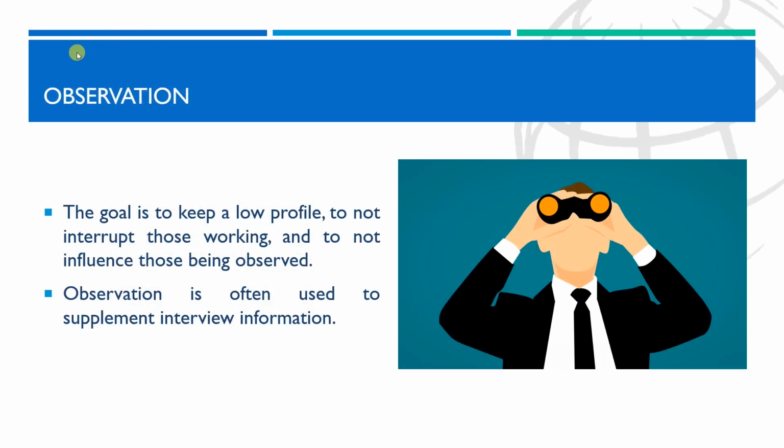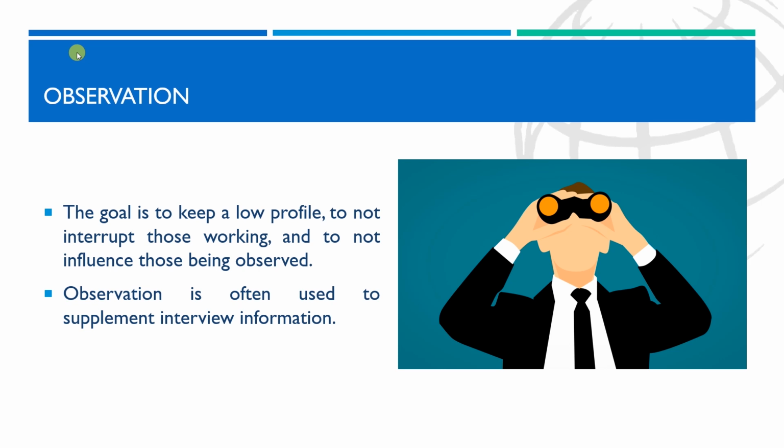And the next technique is observation. Observation, the act of watching processes being performed, is a powerful tool for gathering information about a system because it enables the analyst to see the reality of a situation rather than listening to others describing it in interviews or JAD sessions.